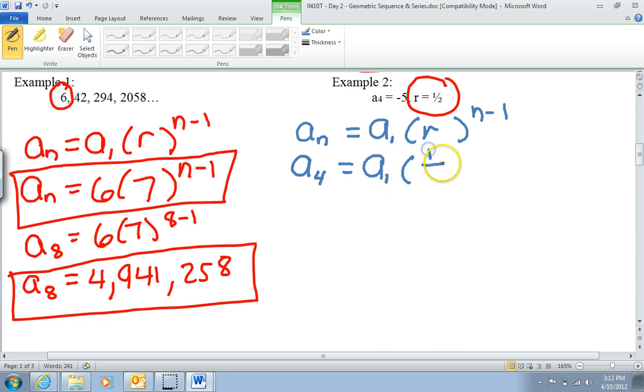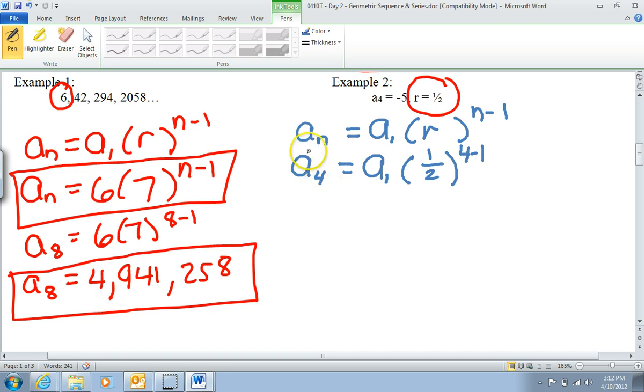I know what R is though, so I can just put 1/2. Do I know what N is right now? What is it? Yeah, N is 4, okay? A4, that means N is 4 right now. So I'm going to have 4 minus 1 power.